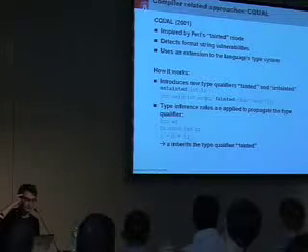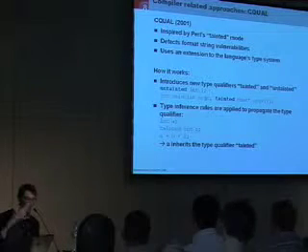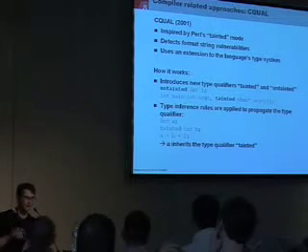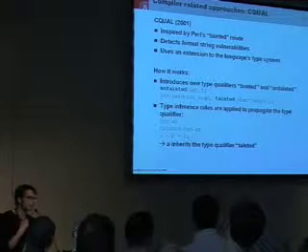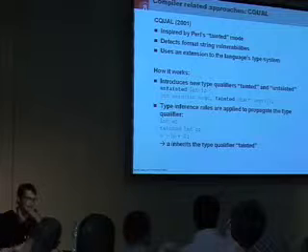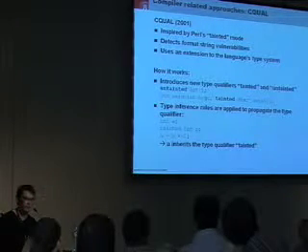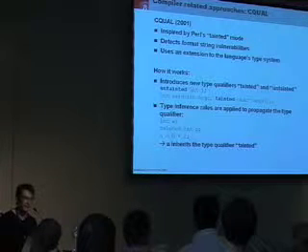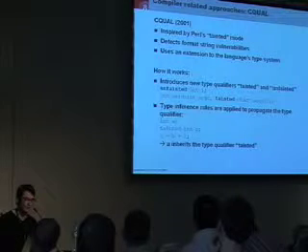So we are able to write in our source code, okay, this should be tainted and this should be untainted, but we have a lot of variables, and sometimes we don't even know if a variable is tainted or untainted. So for every variable where we don't know if it's tainted or untainted, we apply type inference rules to propagate these type qualifiers.